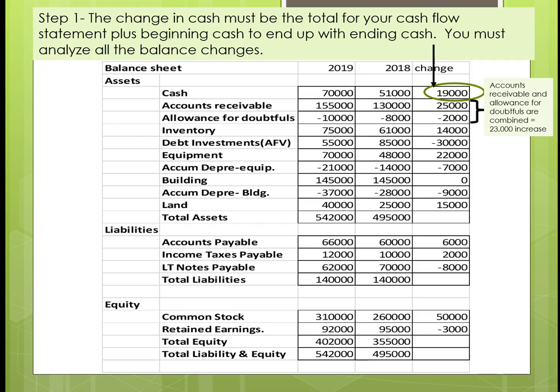Now, what we've also done here is we've identified all the changes. As you can see, some accounts went up and some accounts went down, and what we have to explain is all of those changes. So you have to explain all of the changes of the balances on the balance sheet.